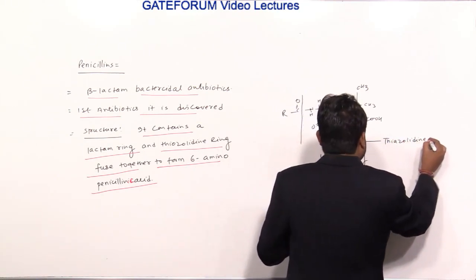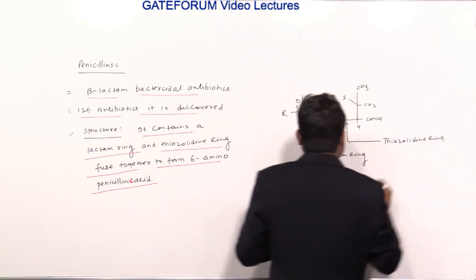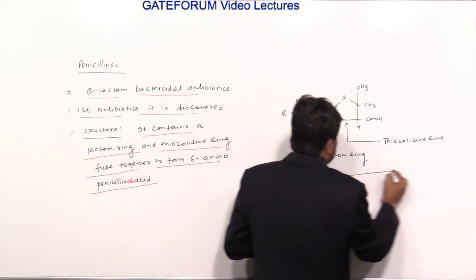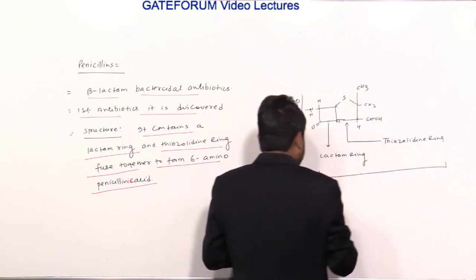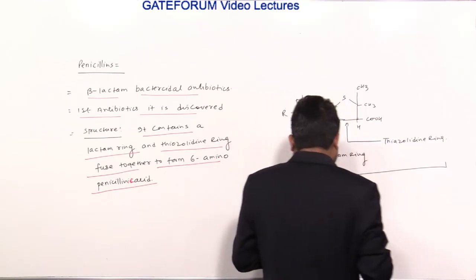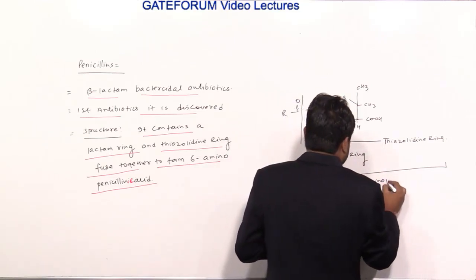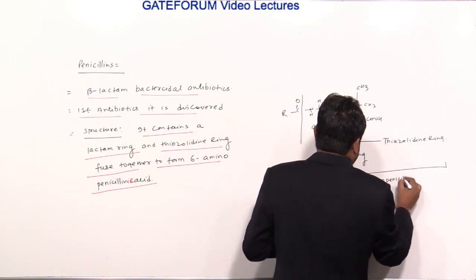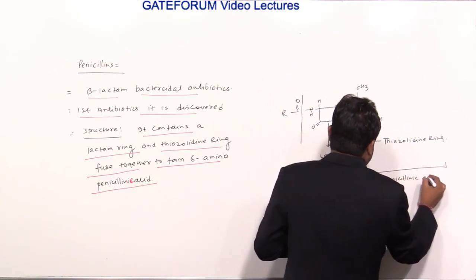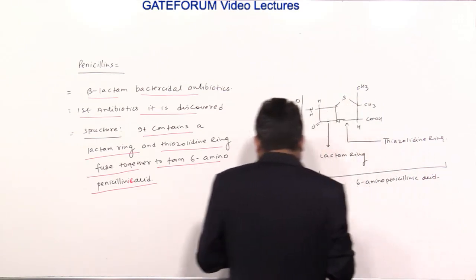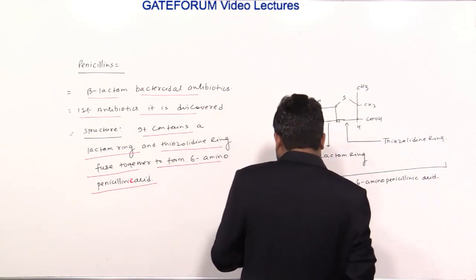thiazolidine ring. So when we combine the lactam ring with the thiazolidine ring, that is called 6-aminopenicillanic acid.